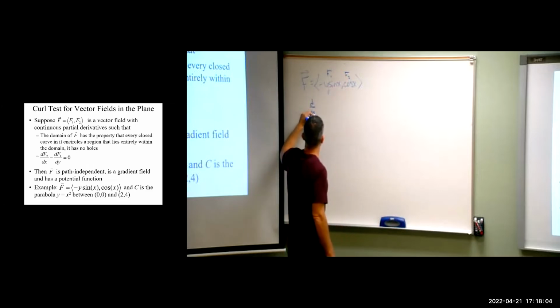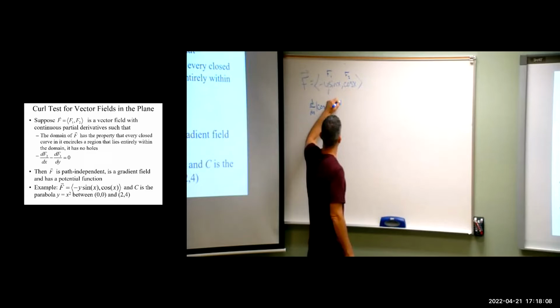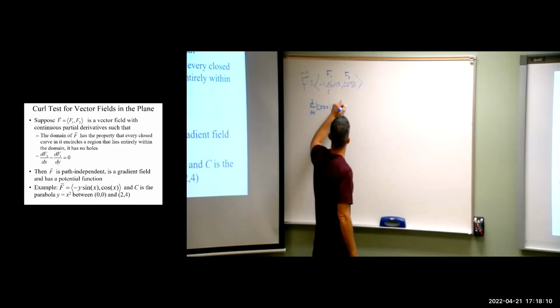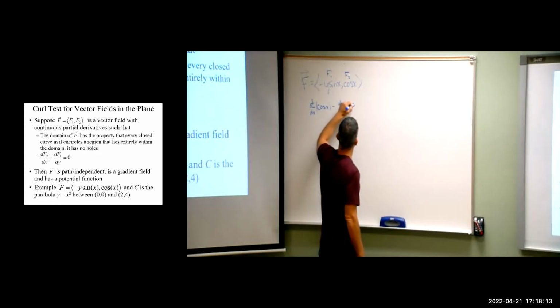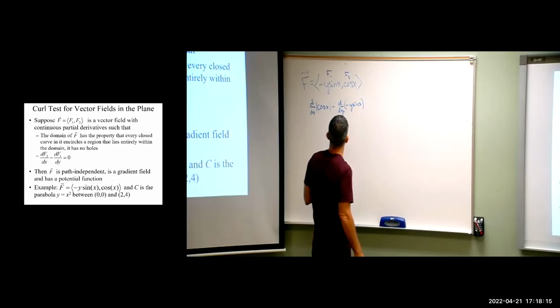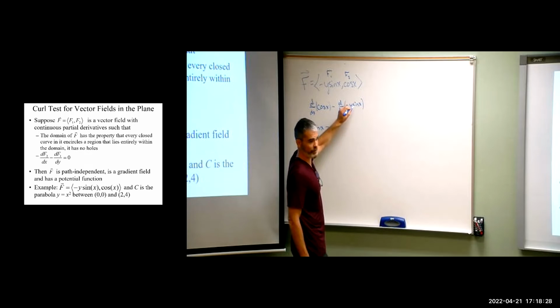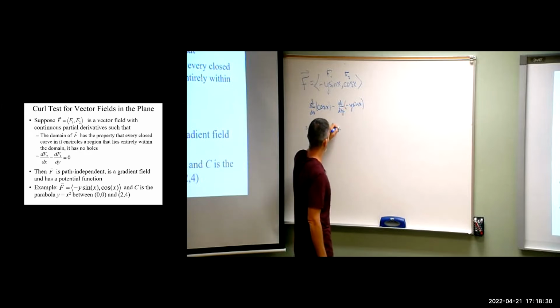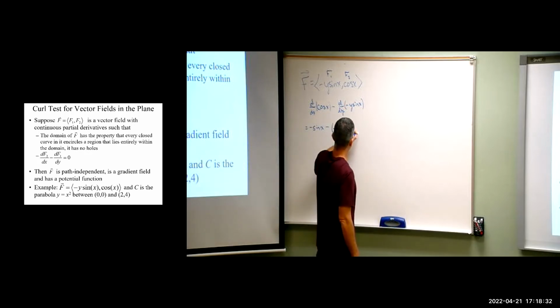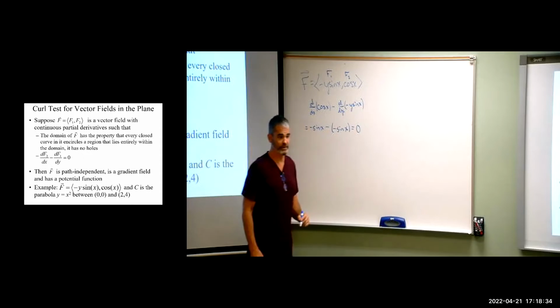So the derivative with respect to x of cosine x minus the derivative with respect to y of negative y sine x. And what do we get? Well, the derivative of cosine x with respect to x is minus sine x, minus the derivative with respect to y of minus y sine x, which is minus sine x. We get a curl of 0.